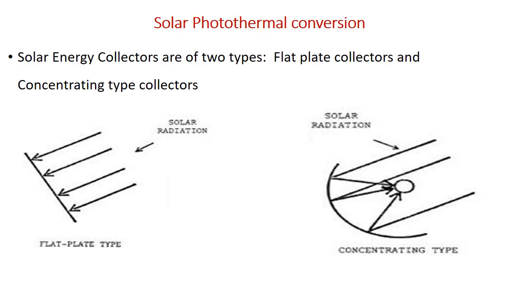That is flat plate collectors. In the case of concentrating type collectors, the solar radiation falls on the collector. It is then reflected to a common focal point where the material that is to be heated is kept. That means we are able to get higher temperatures using concentrating type collectors.